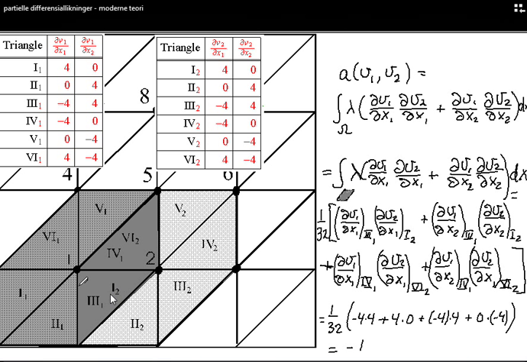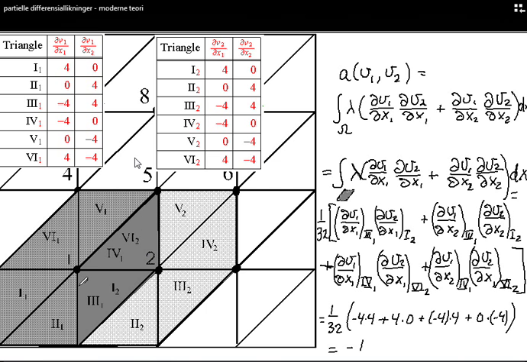This triangle, which is called 1, 2, is exactly the same as the triangle 3, 1, which is associated with this node number. And similarly, we have this 4, 1 is the same triangle as this 6, 2 triangle.